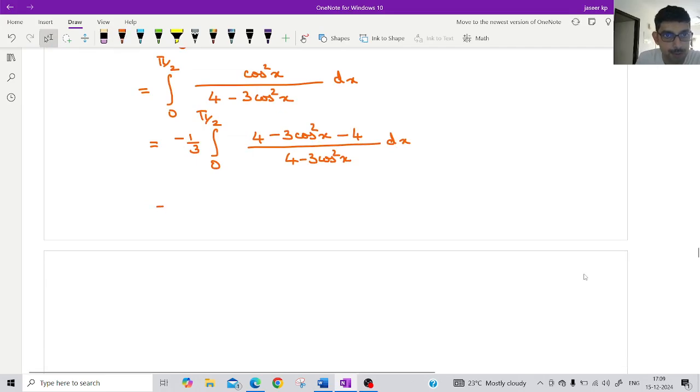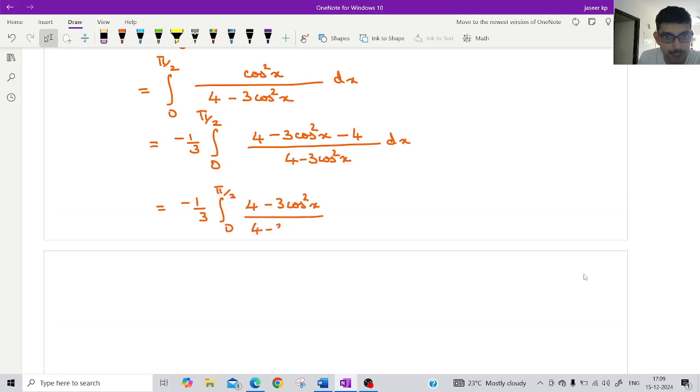So minus 1 by 3, 0 to pi by 2. So this is split as two integrals, 4 minus 3 cos square x by 4 minus 3 cos square x dx, and the remaining is plus 4 by 3, 0 to pi by 2 dx by 4 minus 3 cos square x.